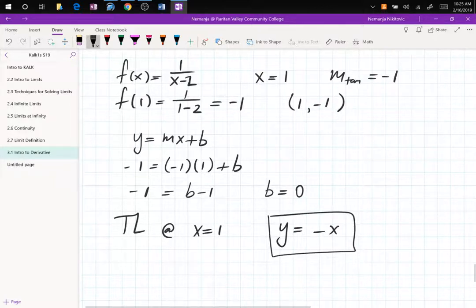So what I'm going to do now is jump on Desmos and check this real quick. So I'm going to graph our original function. Original function is 1 divided by x minus 2. So that will be the original function. And then I'm going to graph negative x.